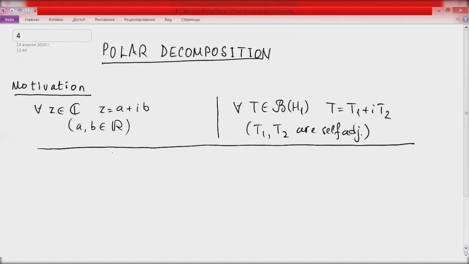Let's now recall that there is another useful formula for complex numbers, namely each complex number Z can be decomposed in the following way: the modulus of Z multiplied by the following exponent. Or we can write it in the opposite order, because the multiplication in the field of complex numbers is commutative.